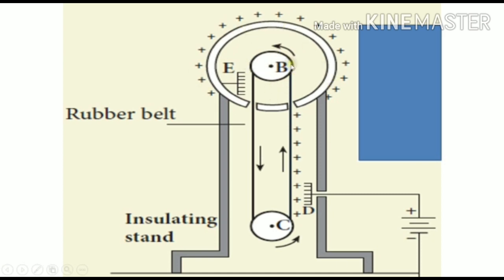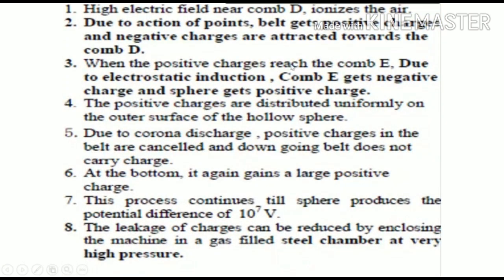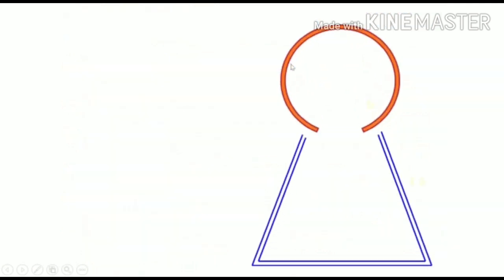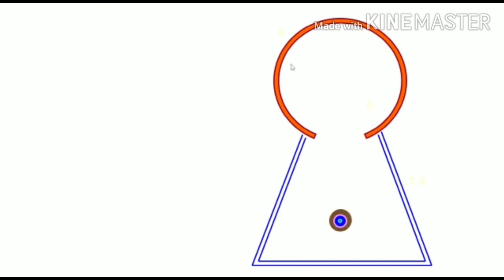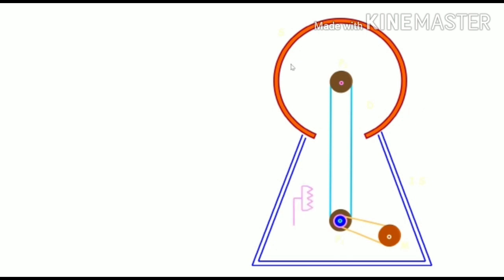Now we are going to see the working of the Van de Graaff generator. Here a pillar is taken and the sphere is mounted on the pillar. The belt is connected by two pulleys B and C, and the pulley B is connected to the electric motor. Then the comb D is given high potential, and comb E is connected to the sphere.